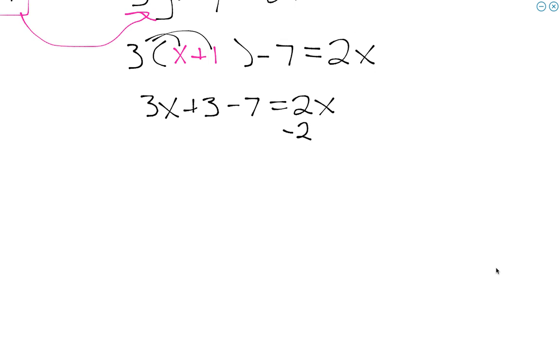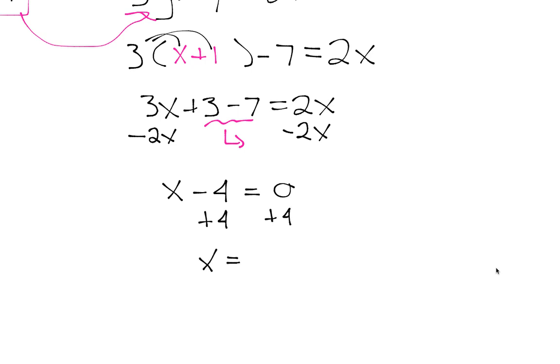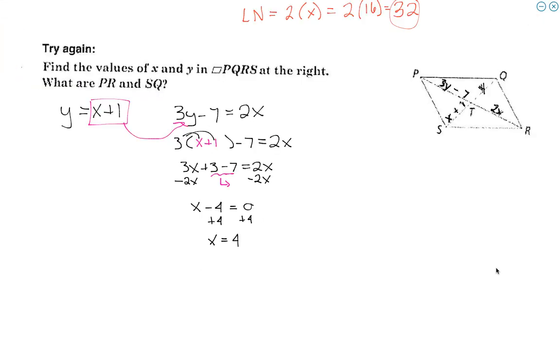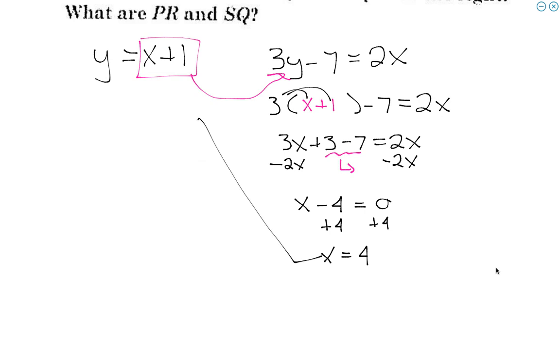I'm going to subtract 2x from that side. Combine these and then bring them over. X equals 4. And that means y equals 4 plus 1. So y equals 5.